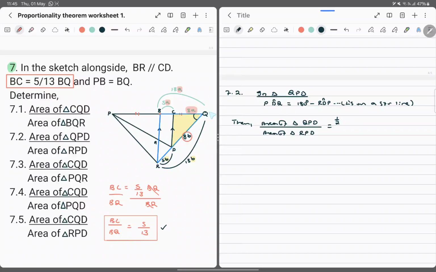This is half. We want these sides. So this is going to be QD times DP times sine of angle, what did we call it? PDQ.